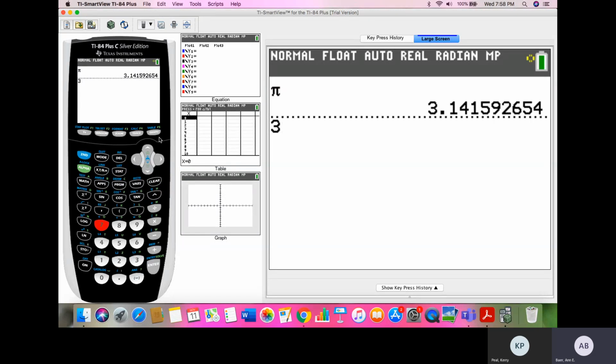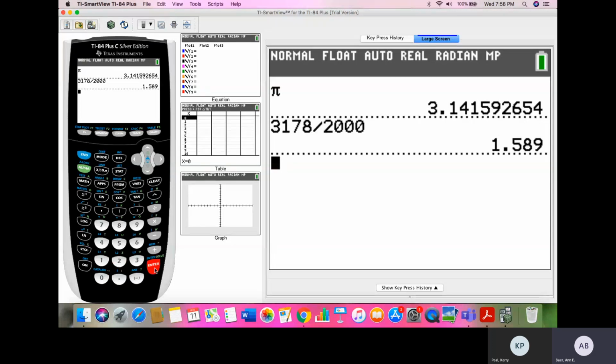I'm just typing on my computer keyboard: 3178, division, 2,000. Enter. And I get 1.589.